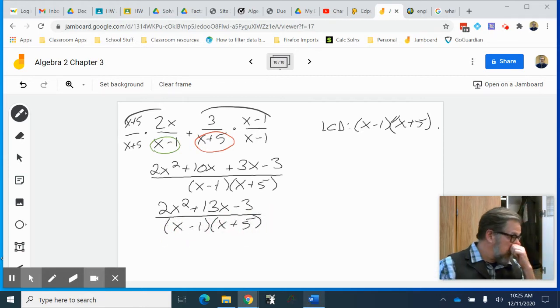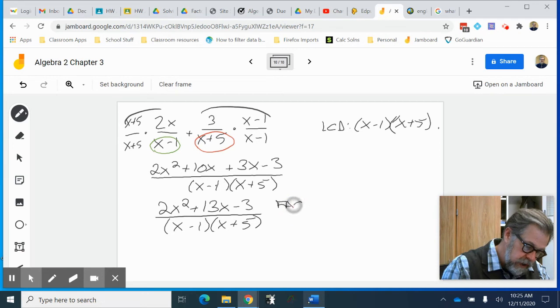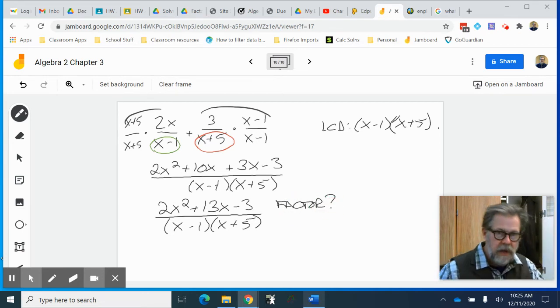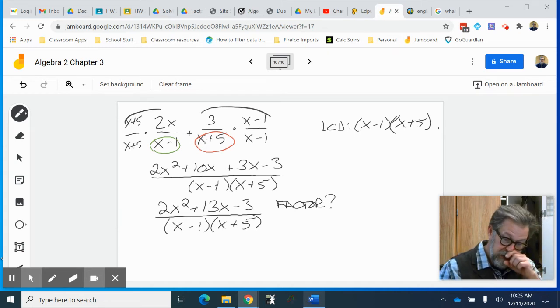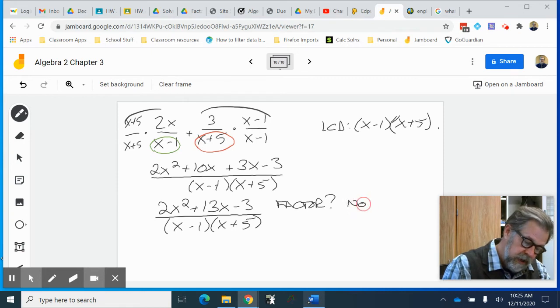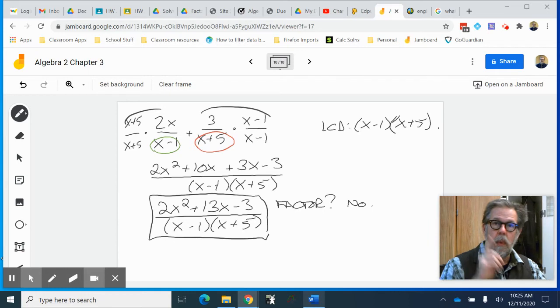So here's the thing. I'm not done. Because the question is, then, does this quadratic factor? And if it does, I might be able to simplify or reduce. In this case, I look at this and I realize that two numbers that multiply to -6 and add up to 13, not going to be a thing. So in this case, the answer is no, which means that I'm done except for one little thing.